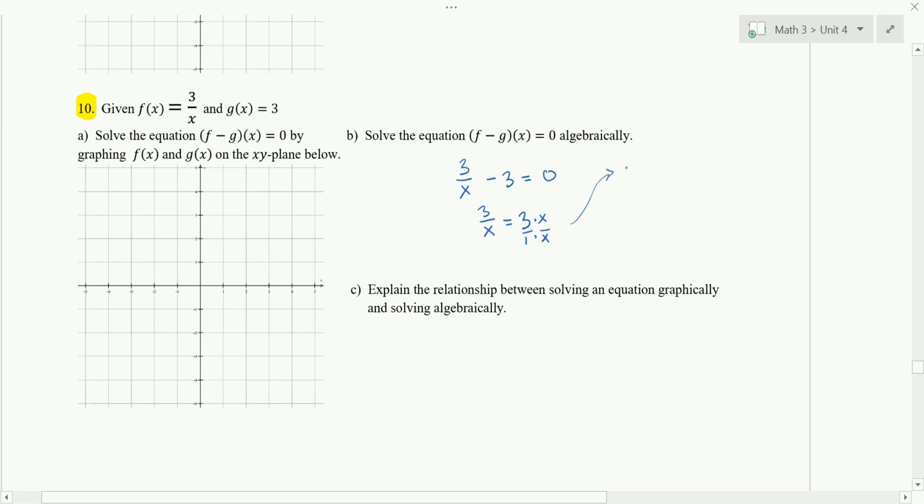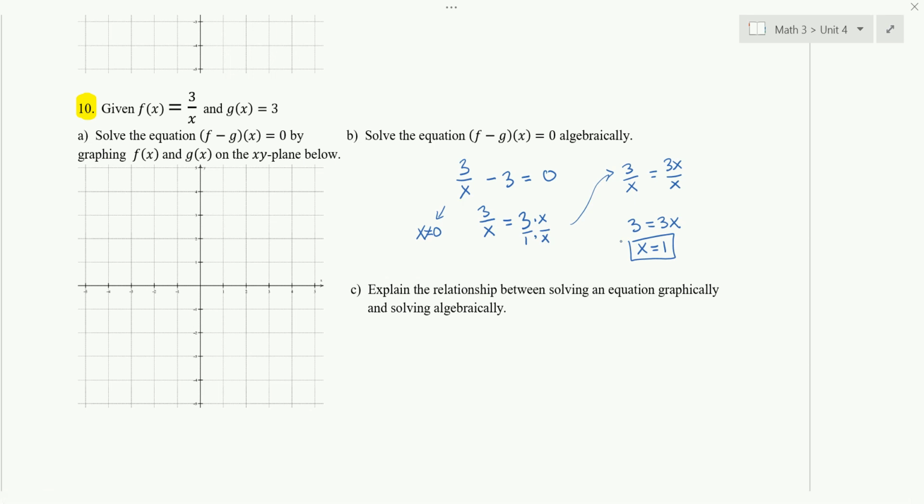So now we have 3 over x equals 3x over x. Two fractions equal to each other, they both have the same denominator, so we set the numerators equal to each other and say 3 equals 3x. Divide by 3 and you get x is 1. In our equation we have an excluded value, x can't be 0, and we didn't get that, we got 1.